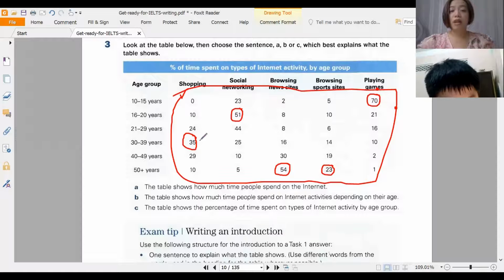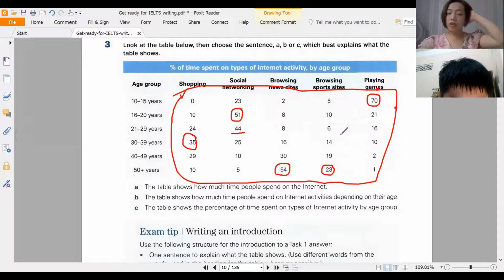Okay. But for 21 to 29 years old, what attracts them to spend their time? Social networking. That's it, social networking.